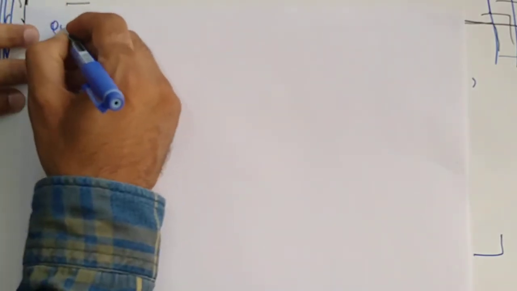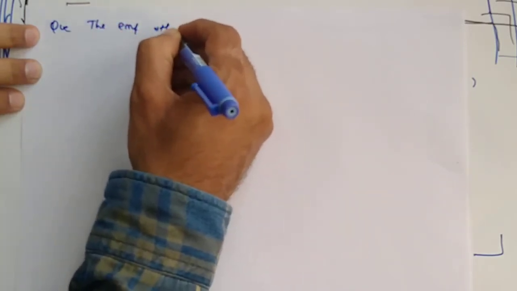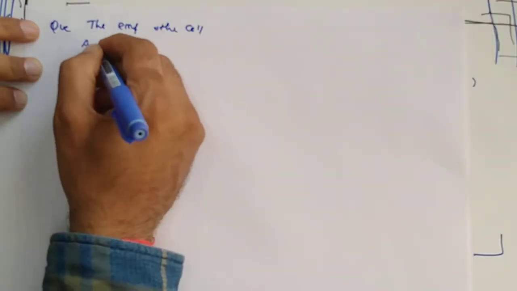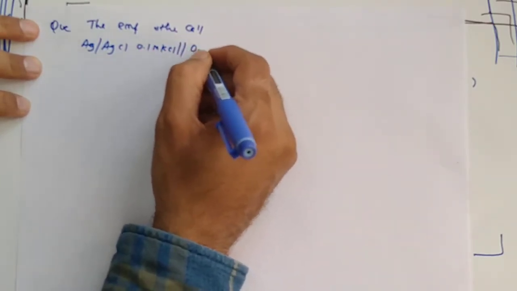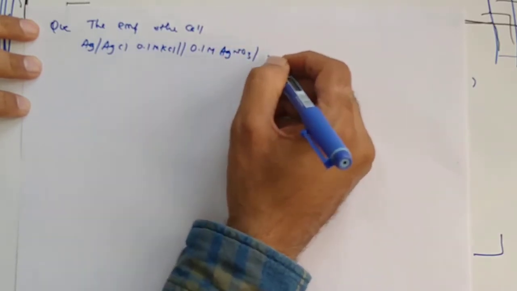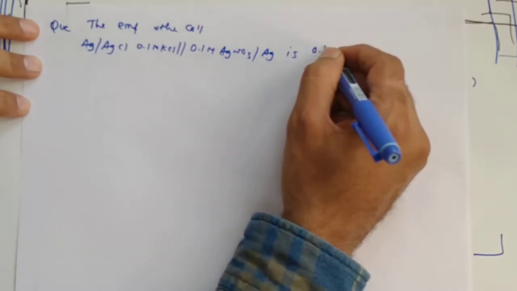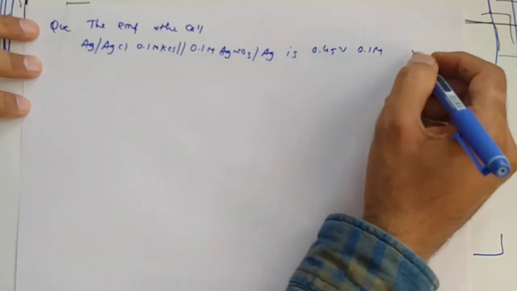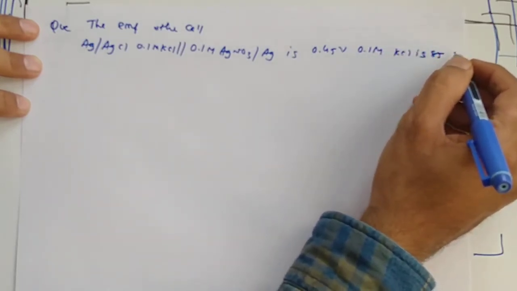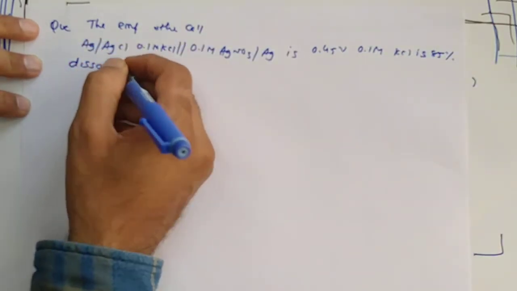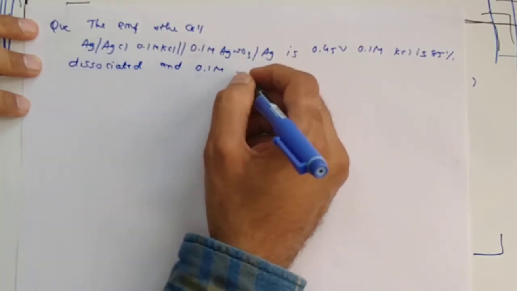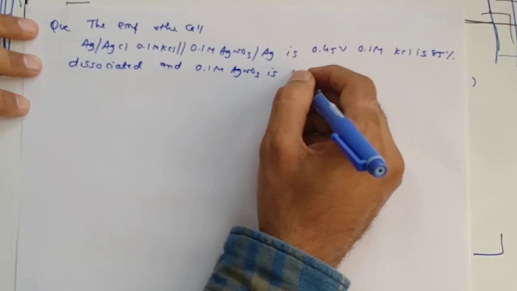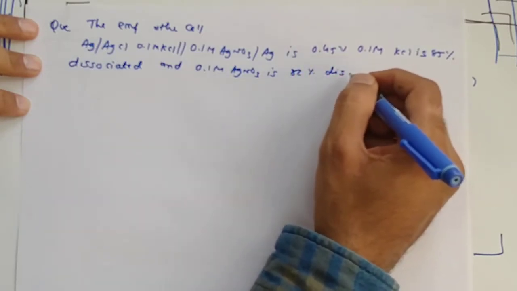The EMF of the cell Ag | AgCl, 0.1 molarity KCl, salt bridge, 0.1 molarity AgNO3 | Ag is 0.45 volt. 0.1 molarity KCl is 85% dissociated and 0.1 molarity AgNO3 is 82% dissociated.